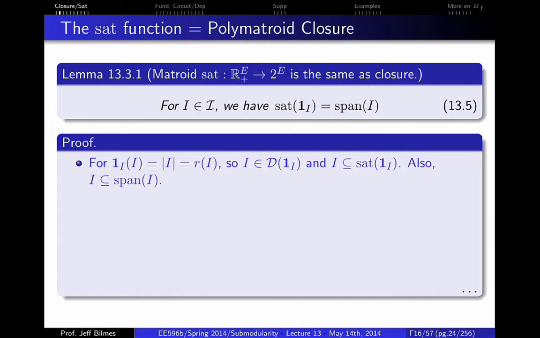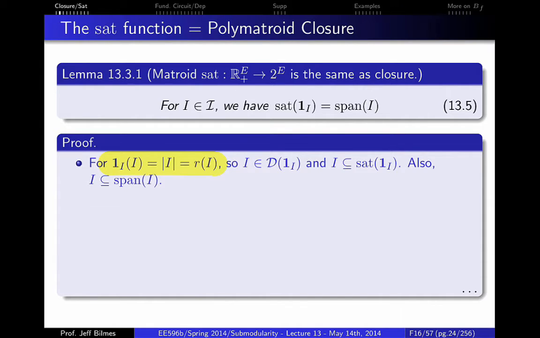So we take an independent set. We know that this is true, just by definition: the rank of I is equal to the size of I, which is equal to the one vector evaluated on I. So therefore, that means that I is a tight set, right? Because what does it mean for a set to be tight? Sorry, let me write it this way.